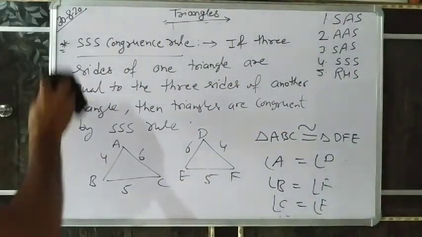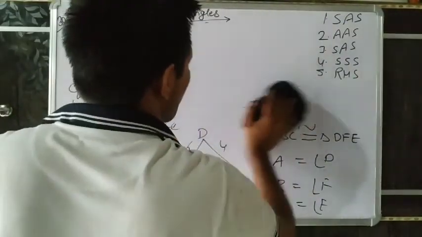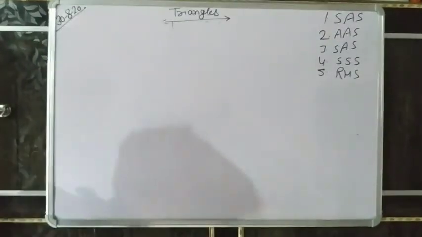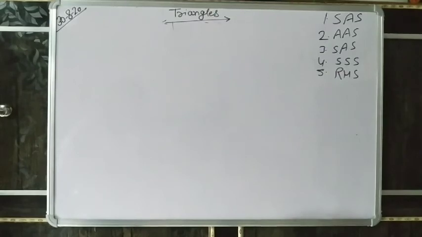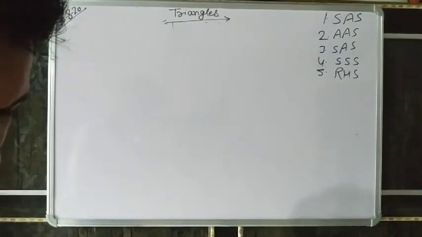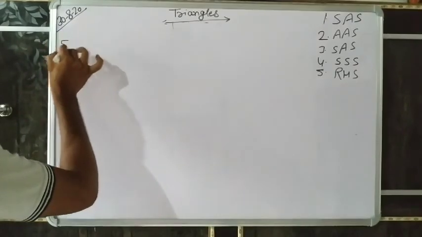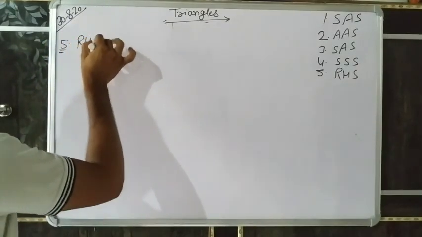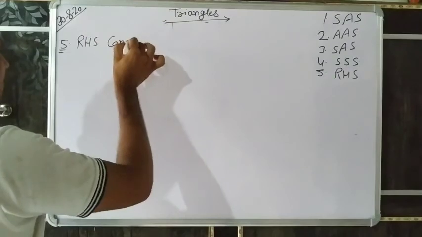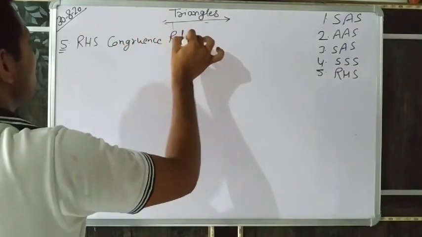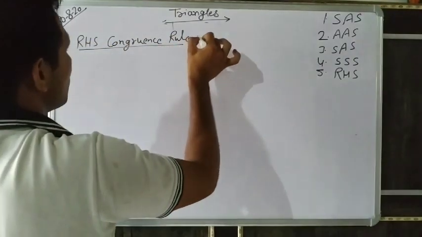So last one. Fifth rule, RHS congruence rule.